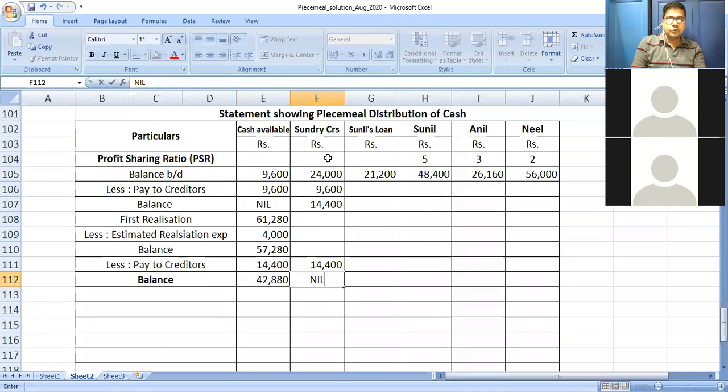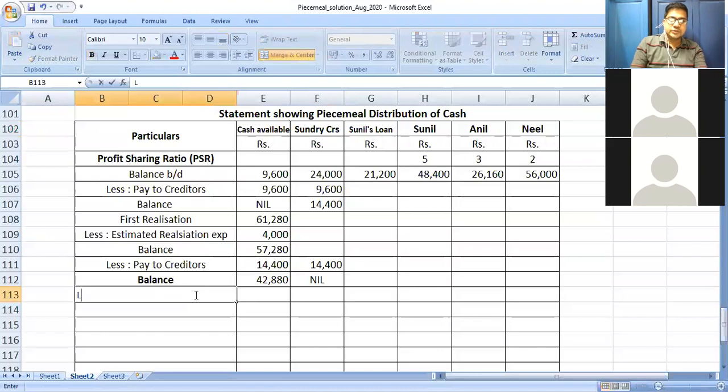Now there is no due to creditors. From this 42,880 balance available, we will use it for the Sunil loan also. Sunil's loan is only 21,200, and we have a sufficient balance to pay it.